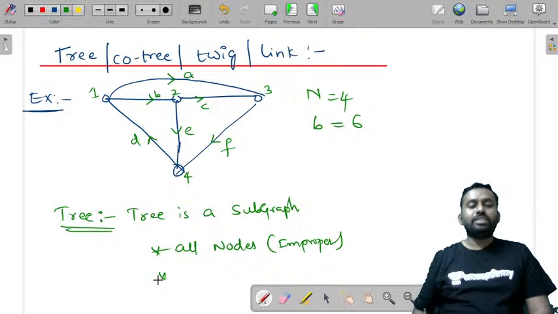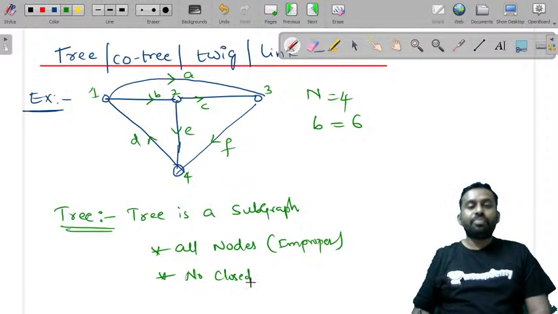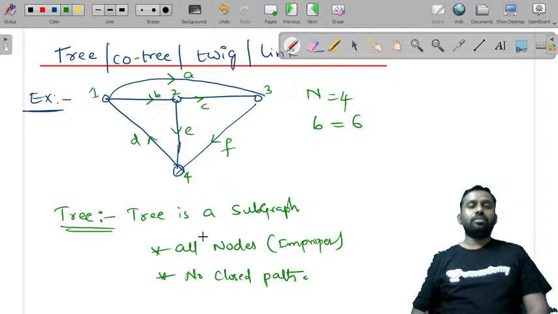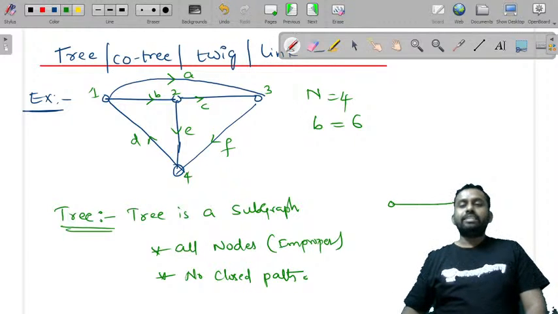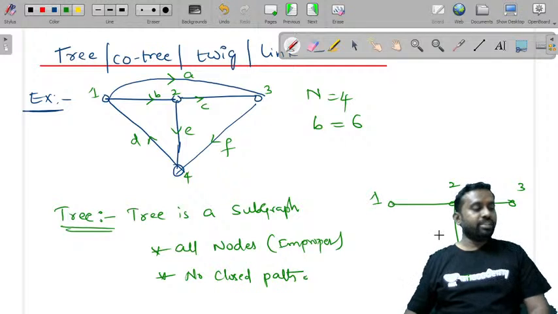It contains all the nodes of the original graph, but no closed path. So if I draw something like this, let us say this is a graph, and this is a subgraph which has all the nodes, 1, 2, 3, and you have all four nodes.